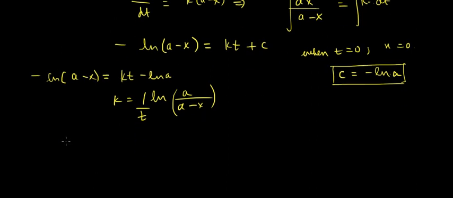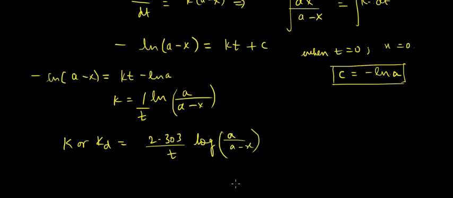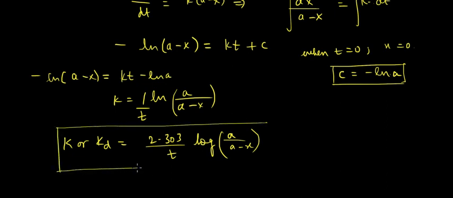Okay, so we can also write that k or kd would be equal to 2.303 upon t log a upon (a minus x), I'm just converting it from ln into log. So this is the equation of rate constant for a first order reaction.